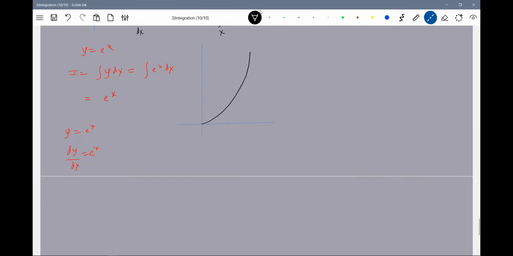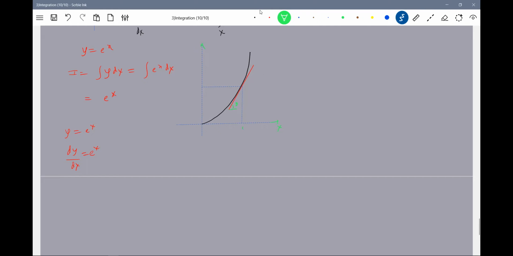Then at any point you draw a tangent, because what is dy by dx? It is the slope of the tangent drawn at a point. So if you draw a tangent and you calculate this theta, what will this give? Tan theta will be e to the power of x only.